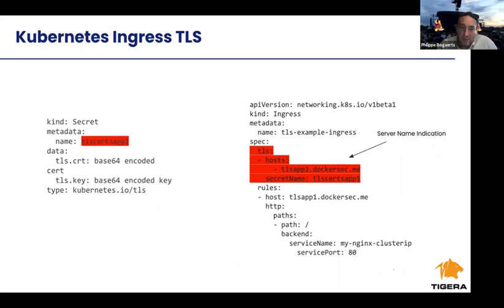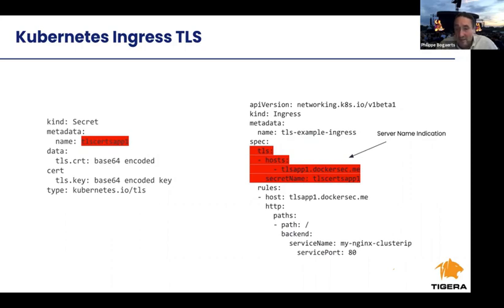Well, your browser does put the host name inside a TLS header field when you set up a TLS connection, which is called the server name indication, which is what is referred to as SNI. So Ingress does know this, and the Ingress controller will, based on the server name that is mentioned, present the right certificate to the browser so that you don't get any error messages.